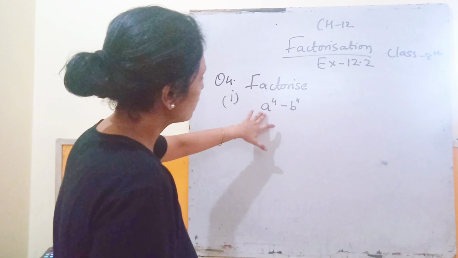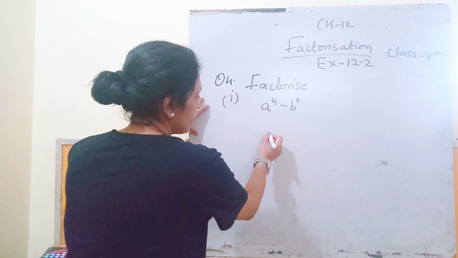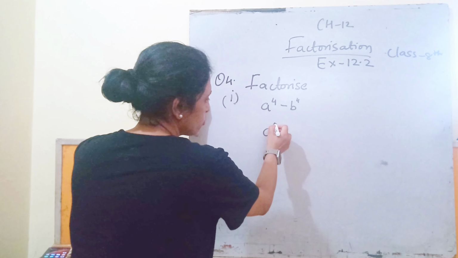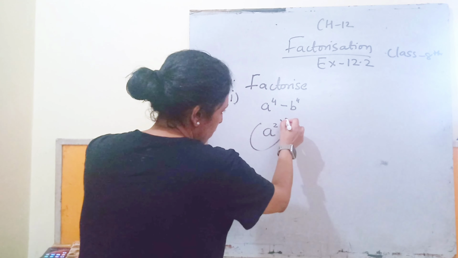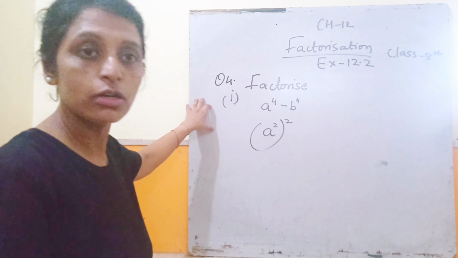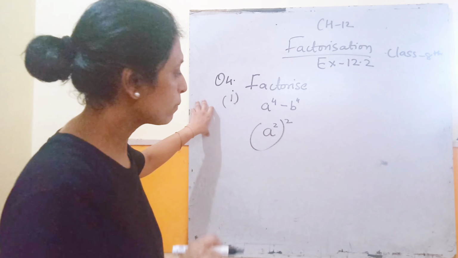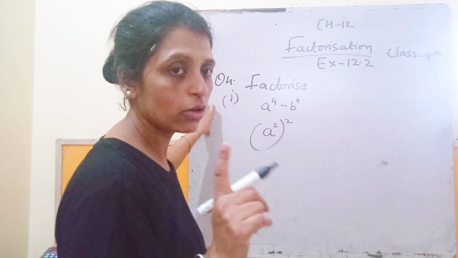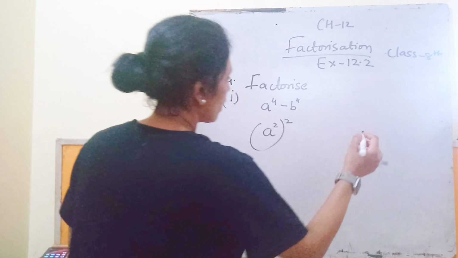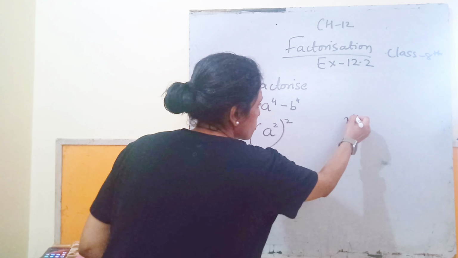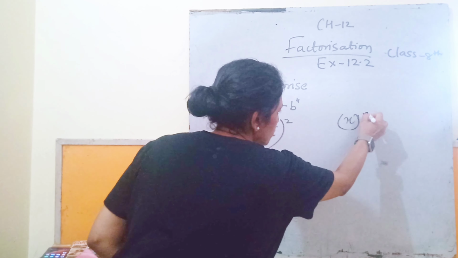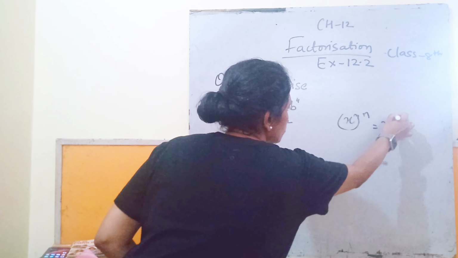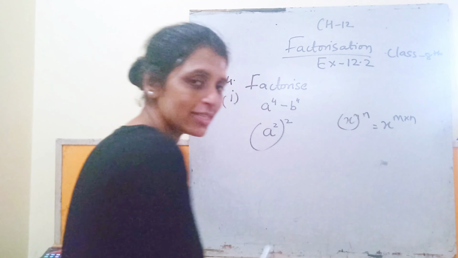Children, this a raised to power 4 can be written as a to the power 2 to the whole power 2. You remember the laws of exponents, one of the laws of exponents? It was x to the power m to the whole power n is equal to x to the power m into n, isn't it?